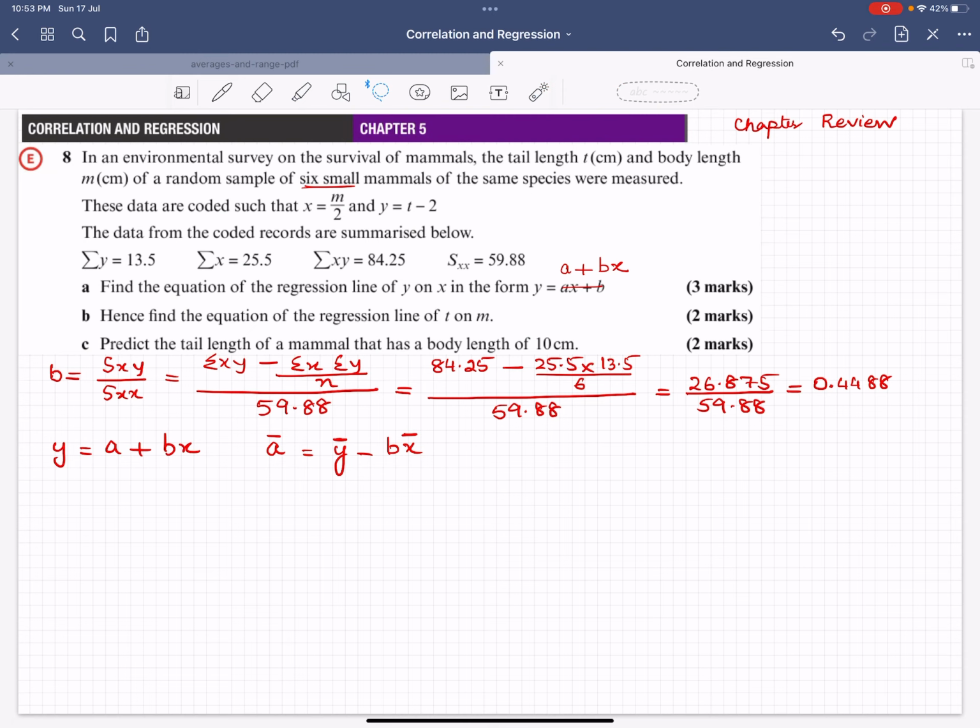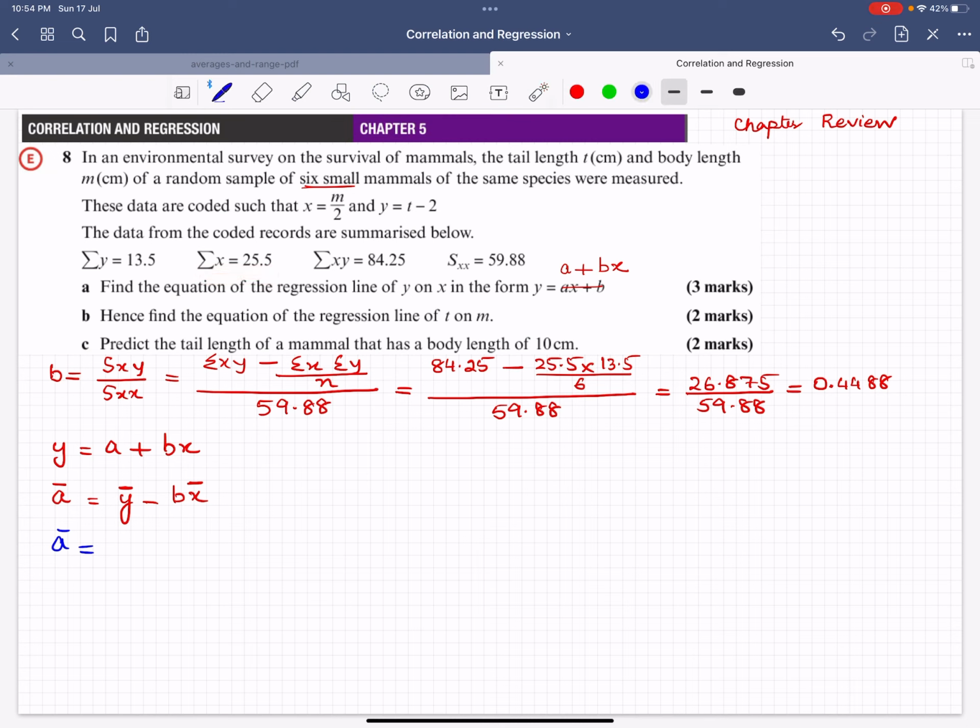So let's start by plugging in the values. The average value of a is what we are looking to find. For the average value of y, we have the total value of y, which means all the 6 values added. So to find the average, we do 13.5 divided by 6. Likewise, for the average value of x, the total value of x is 25.5, so the average will be 25.5 divided by 6.